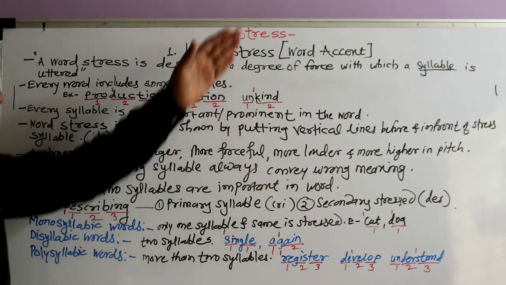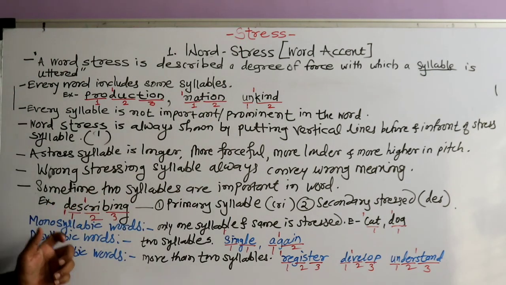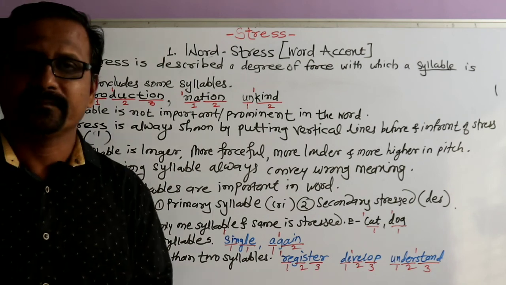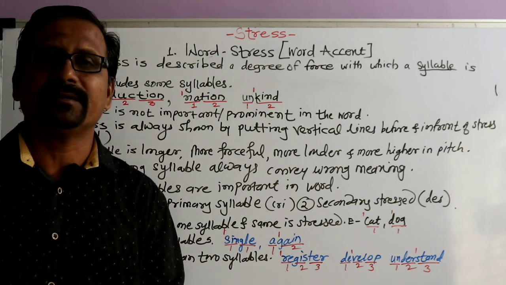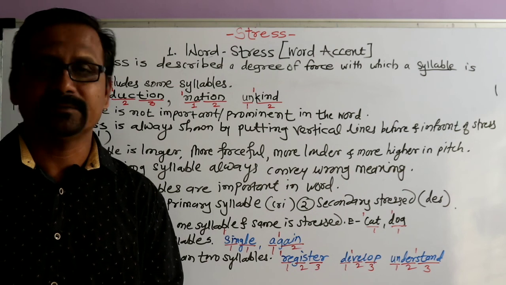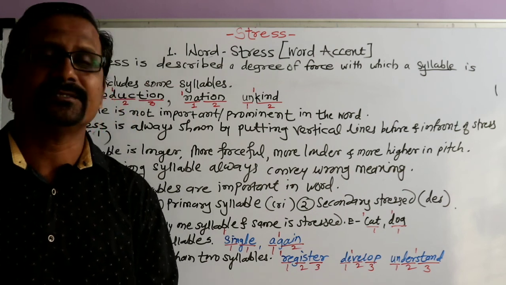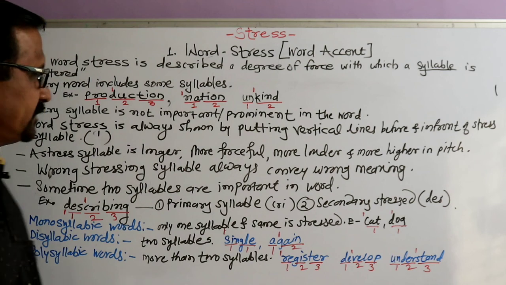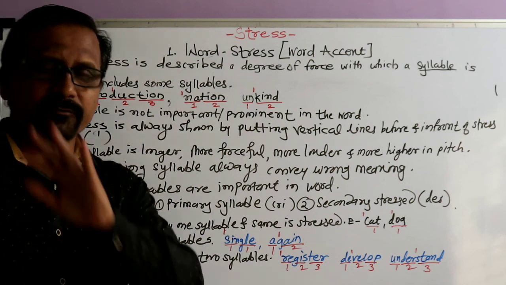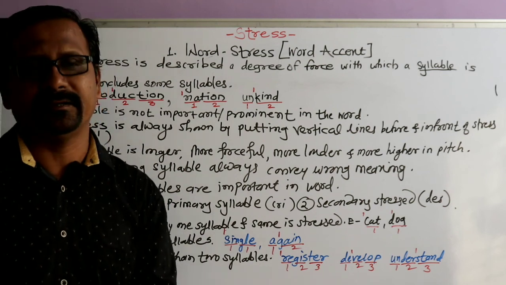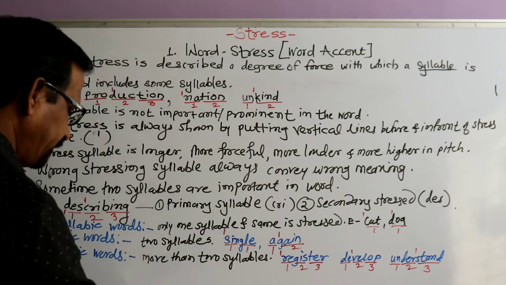So friends, when we have monosyllabic, disyllabic and polysyllabic words, you know that only sometimes 2 syllables are very important. The first becomes the primary syllable and the second becomes the secondary syllable. So we have one more thing about word trace, that is word shifting trace.